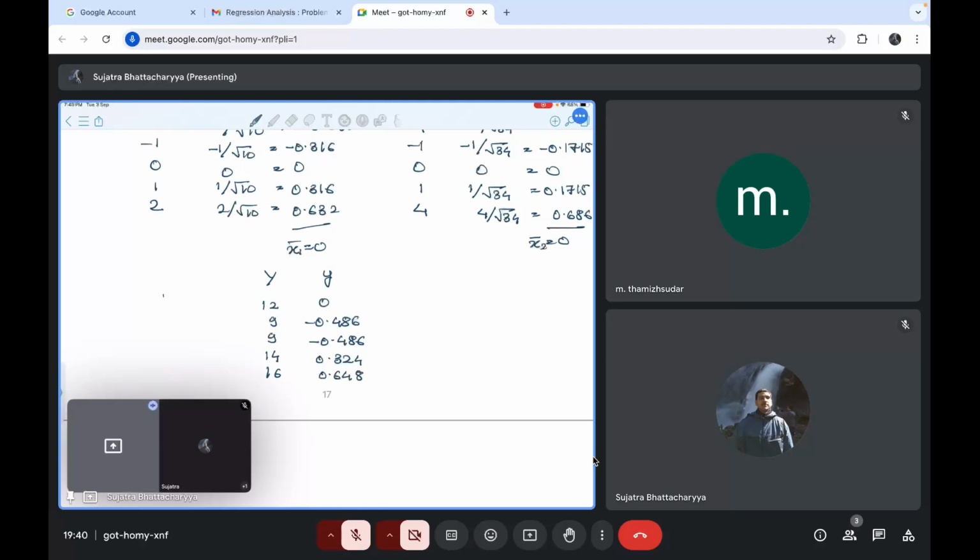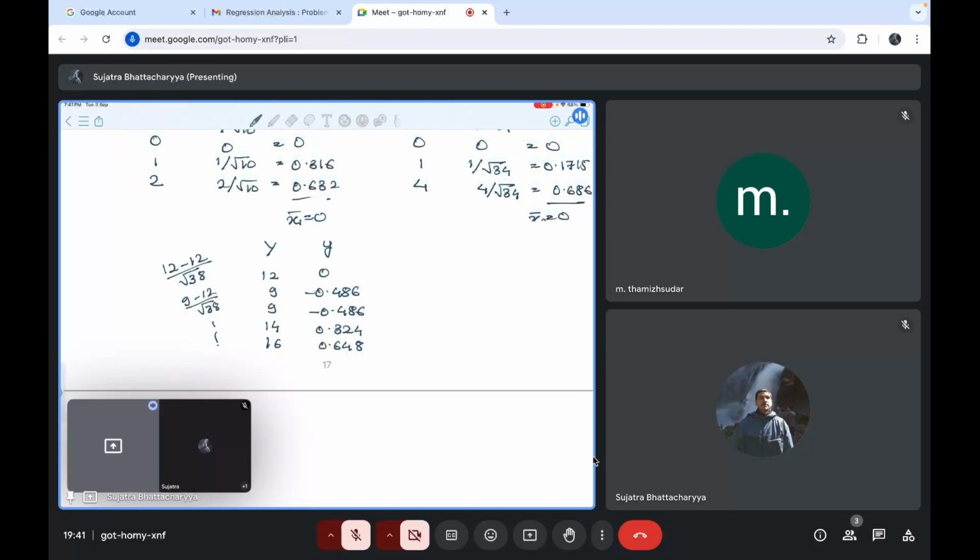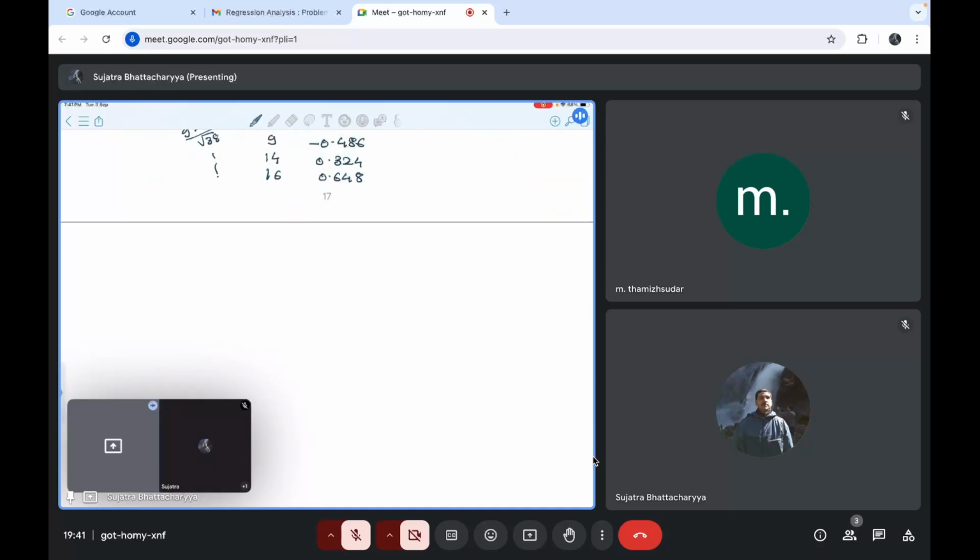How I've done it: 12 minus 12 divided by root of 38. In the same way, 9 minus 12 divided by root 38, like that. So y is also found. Great. After we have done x1, x2, and y, they have asked us to calculate beta hat.